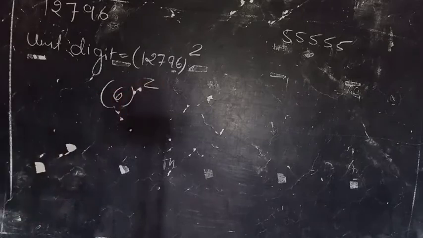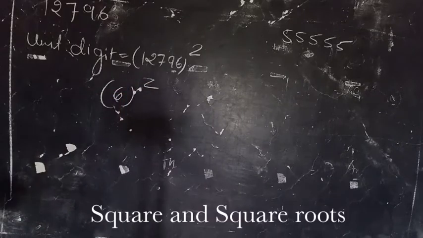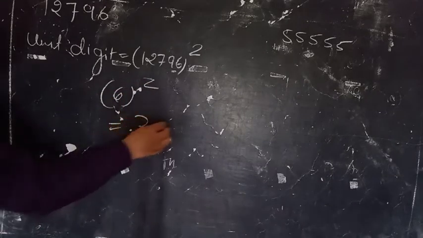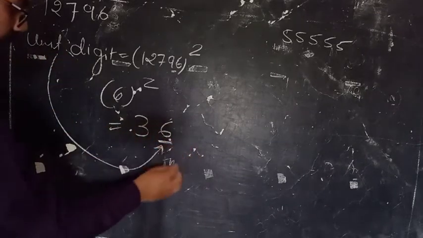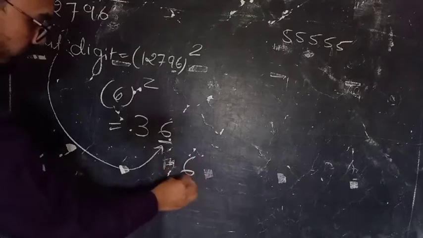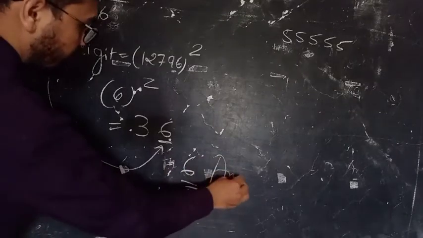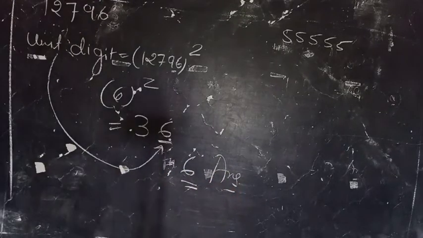So the square of 6 will give you 36, right? So 6 is the unit digit. So 6 is your answer. So the unit digit of the square of 12796 is equal to 6.